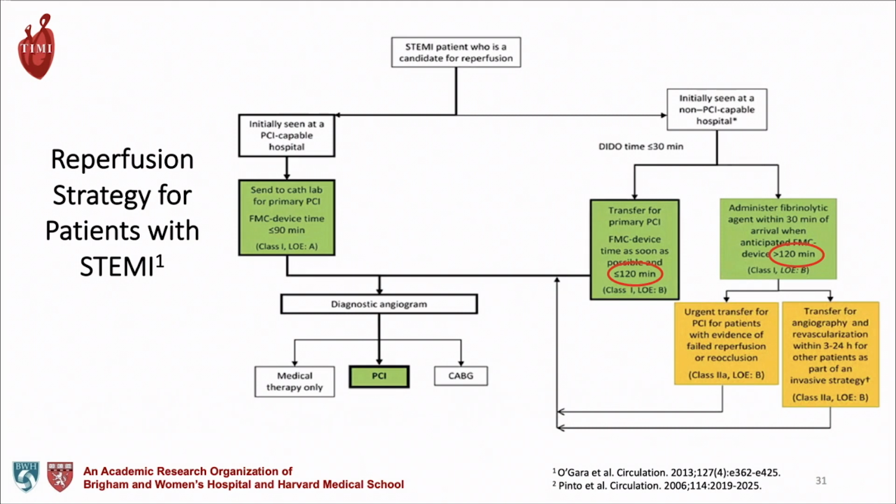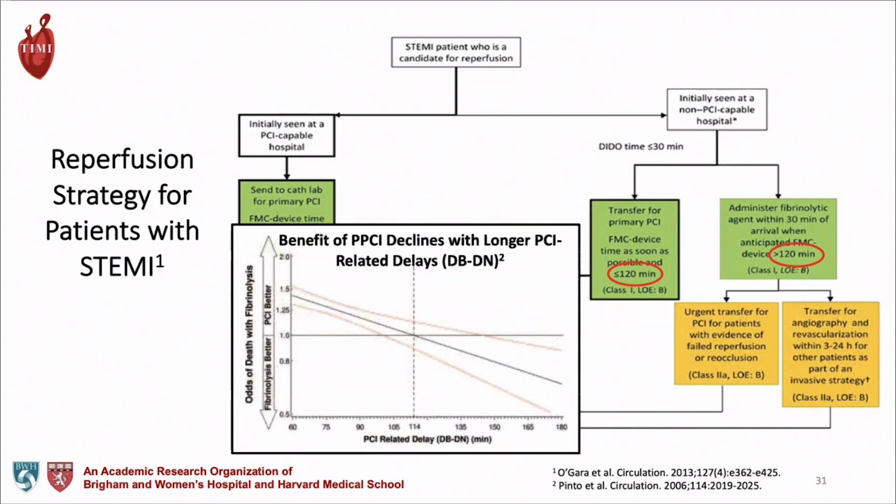And the decision there depends on how quickly you think you can get them to a primary PCI center. And the magic number is 2 hours, 120 minutes, that appears in guidelines. And that comes from a database analysis from the National Registry of Myocardial Infarction from the early 2000s, which looked at mortality outcomes with various degrees of delays between door to balloon time and door to needle time.